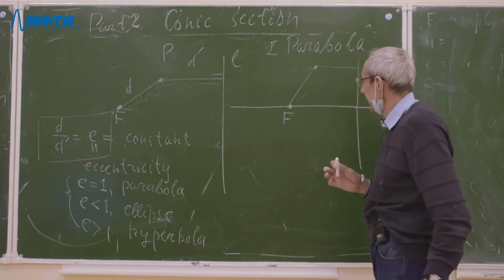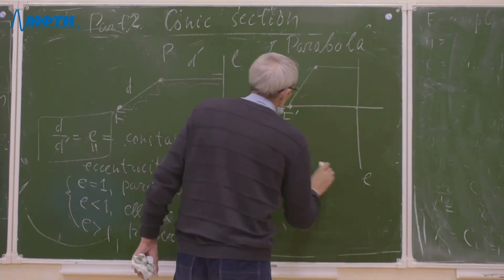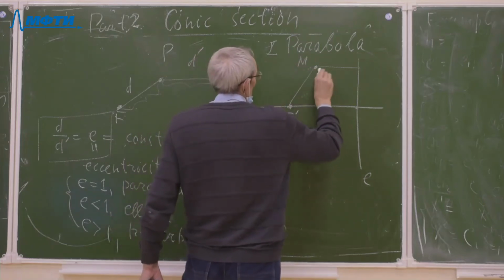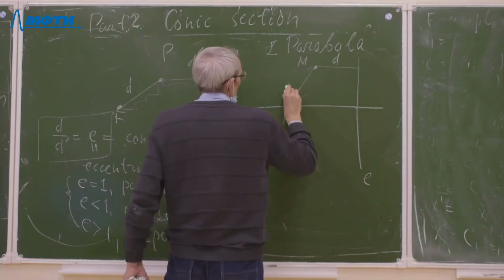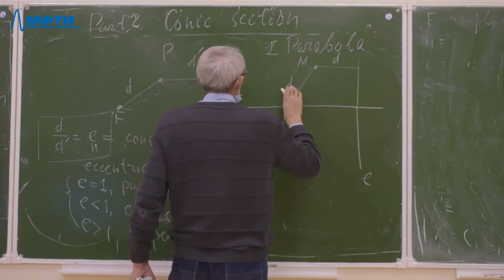Let's change the notation and let F prime be the fixed point, with distance D and distance D prime.